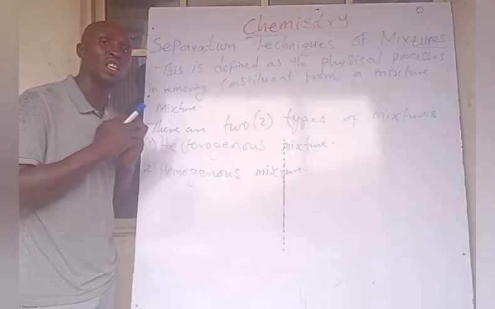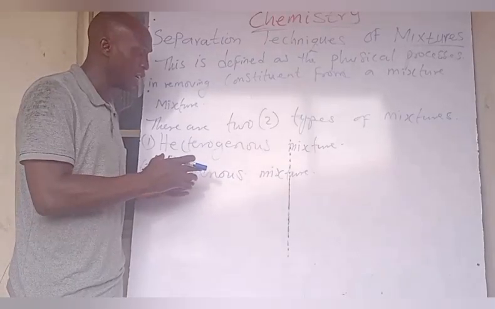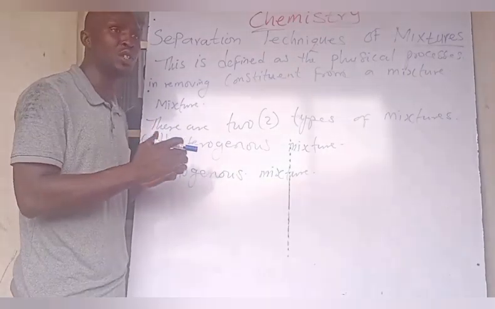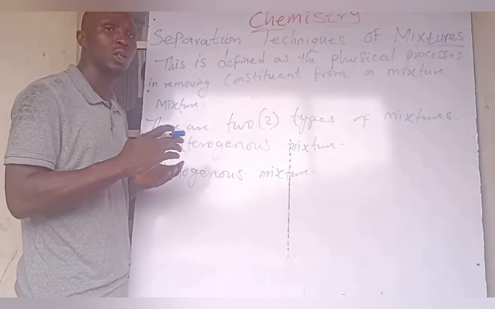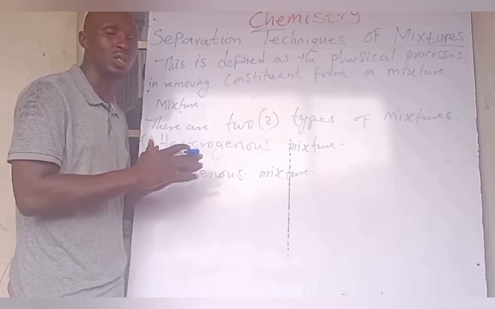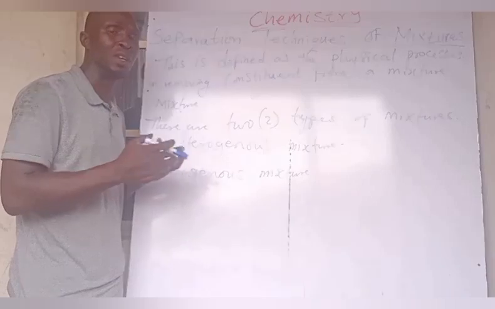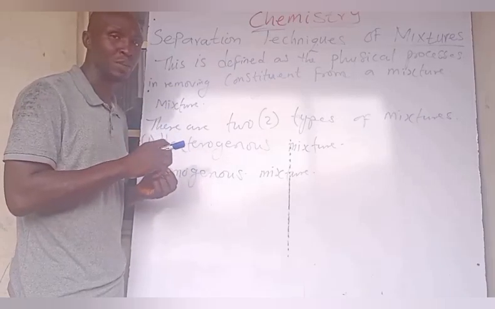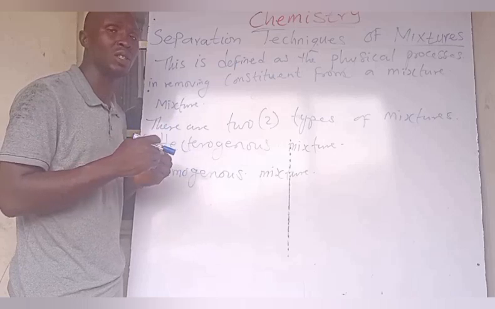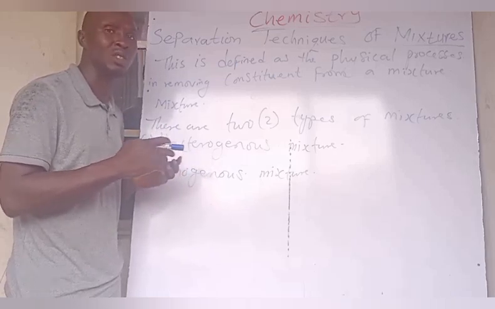Example of a homogeneous mixture: let's look at a mixture of salt, water, and sugar, or even just salt and water. You find that the salt has disappeared, dissolved inside the water. You get to see that the shape and the size and every other thing about the salt in the salt solution has been changed.